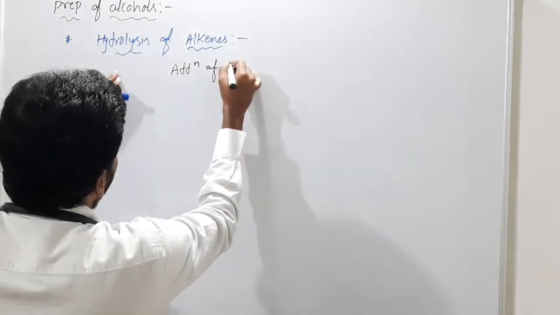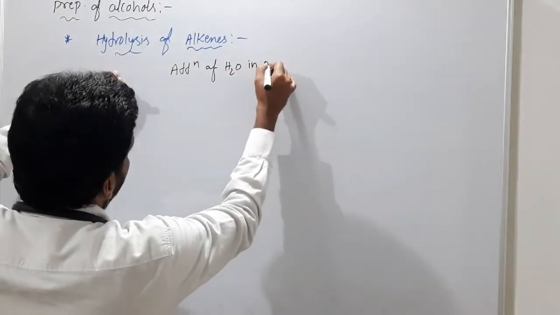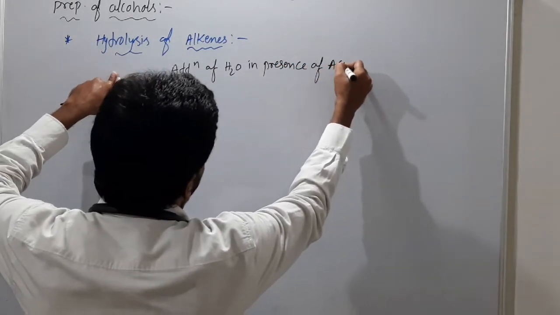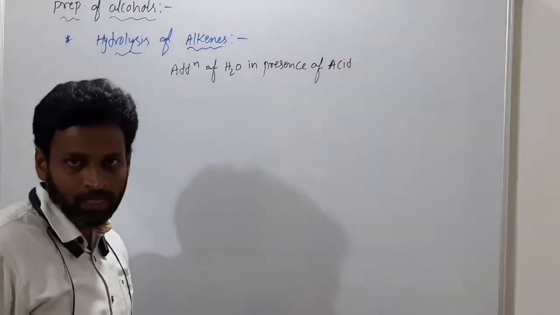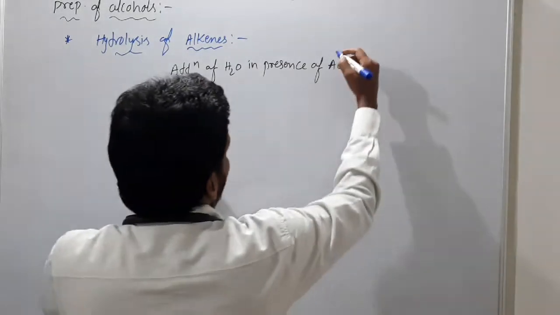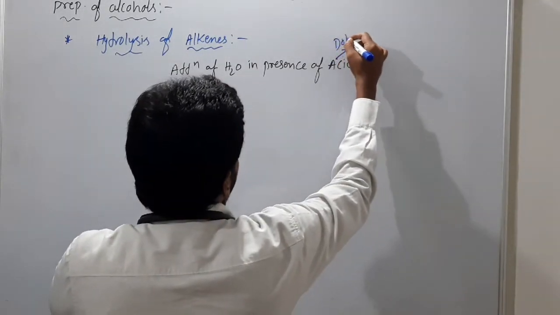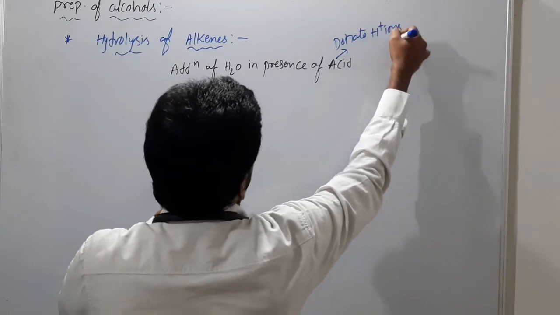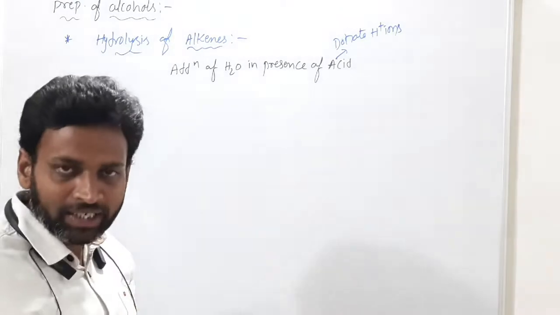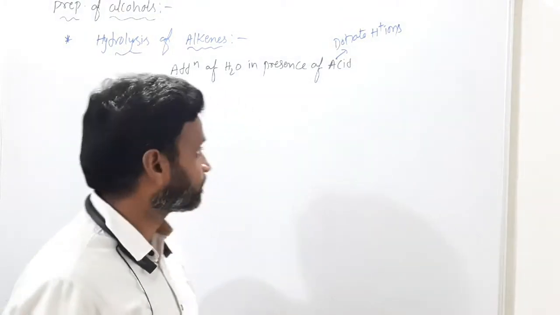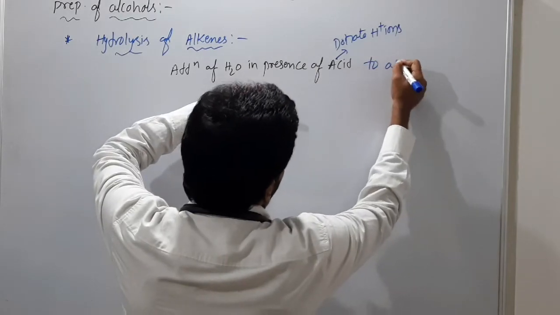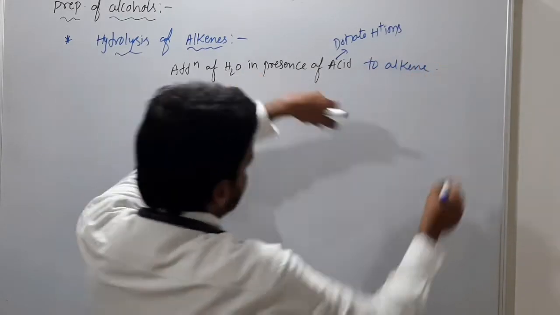Addition of water, H2O, in the presence of acid. Acid hydrolysis. Why acid? Acid donates H plus ions first. Acid will initiate the reaction first. So addition of water in the presence of acid to alkene.